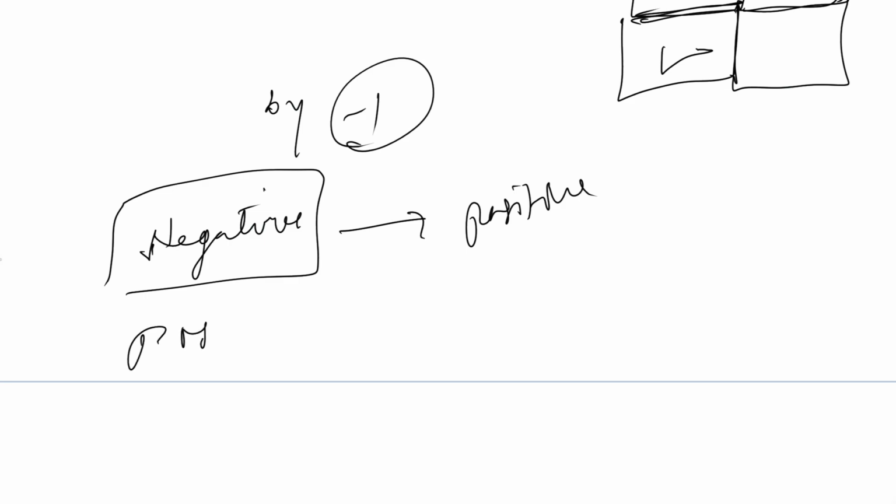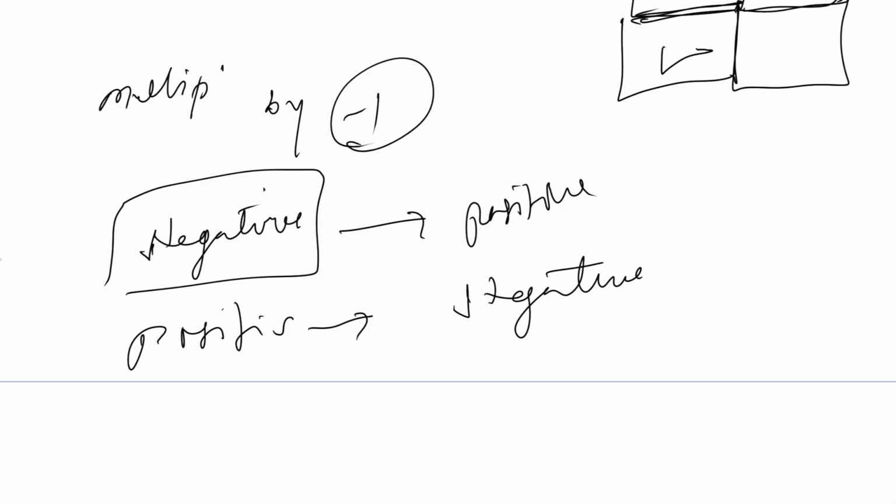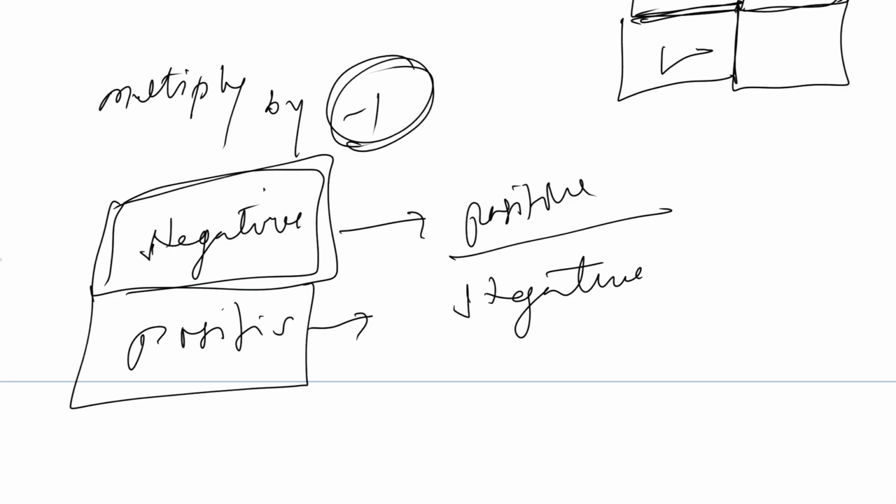If it is positive, it will become negative if we multiply by -1. So if the cell contains a negative value, it will become positive, and if it is positive, it will become negative. This is the thing we should understand. Since two cells flip together, the parity, odd and even, of the negative numbers matters, right?